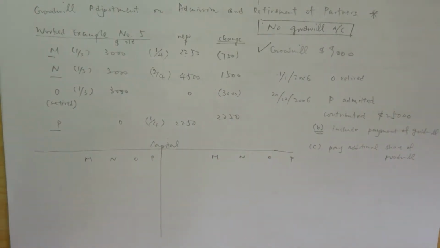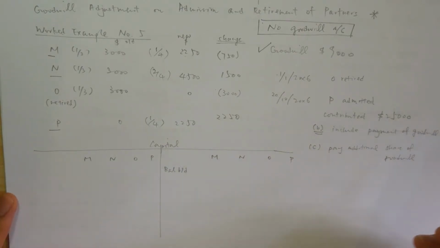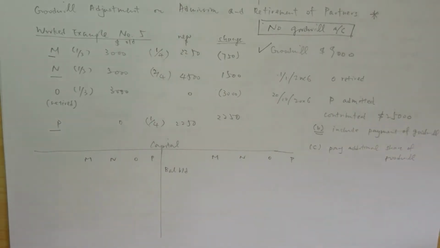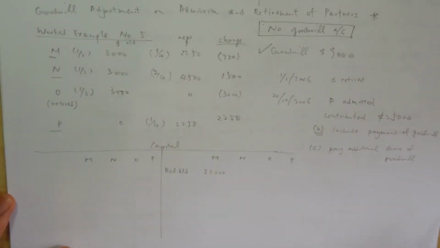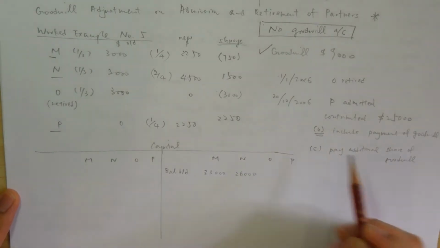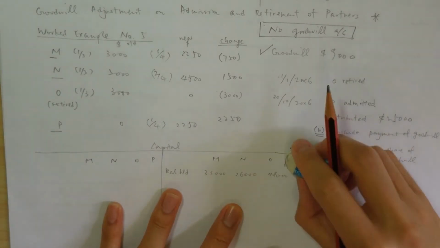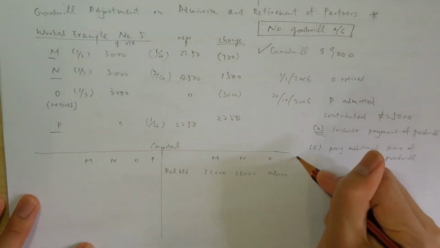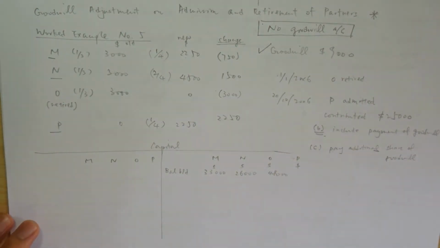Based on this calculation, we can start our entries in the capital account. We have the balance brought down first, and for M, N and O, the original balances you can refer to the question: 33,000 for M, 26,000 for N, and 48,000 for O. Next is the goodwill adjustment, which is our focus.